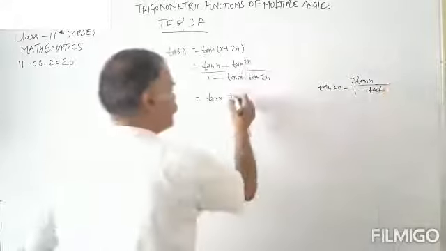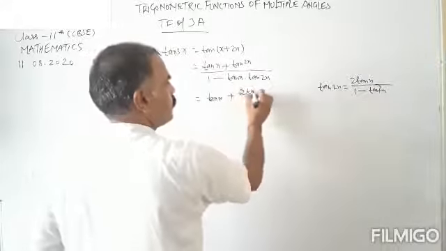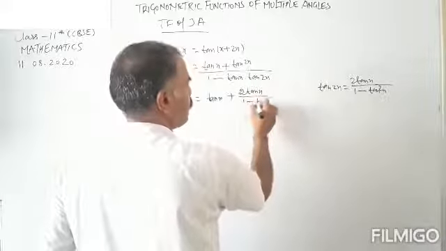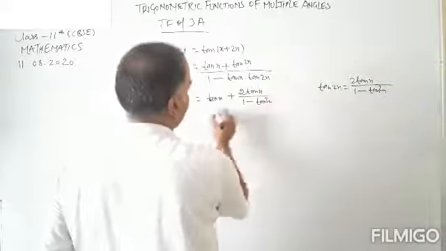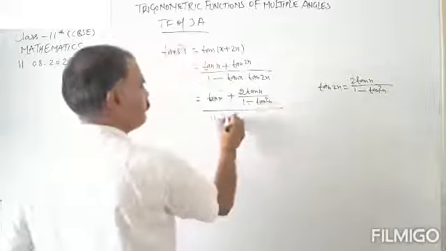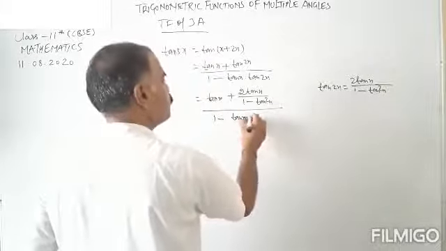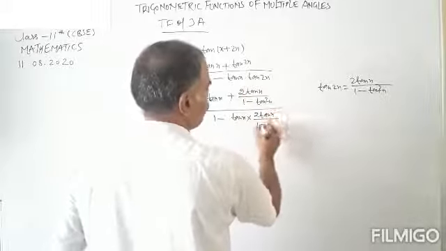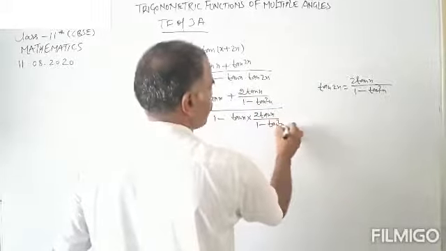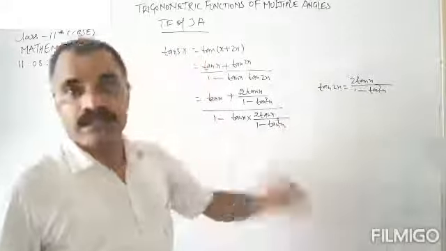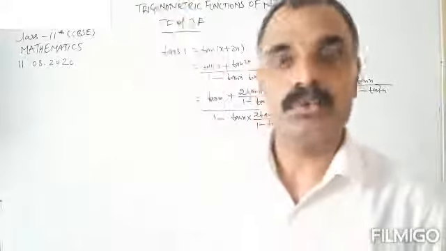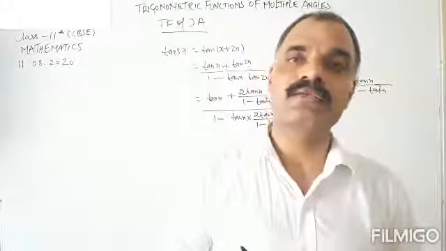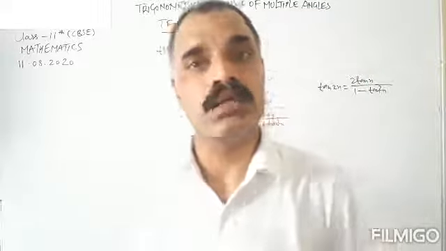So using this identity here, 2 tan x upon 1 minus tan square x, in the denominator 1 minus tan x into tan 2x, that is 2 tan x upon 1 minus tan square x. Using the identity of tan 2x, that is 2 tan x upon 1 minus tan square x.